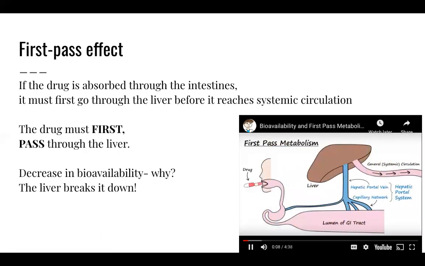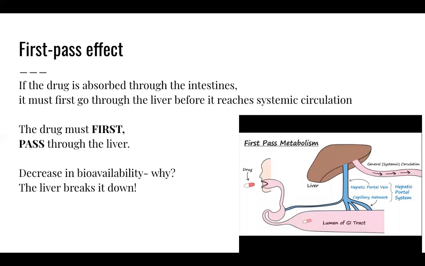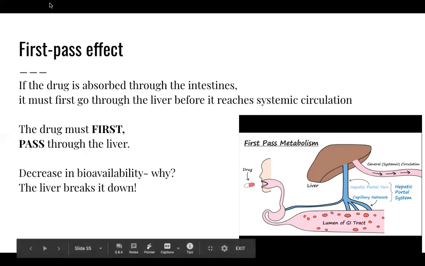For a drug taken orally or by mouth to reach systemic circulation, it first passes from the lumen of the digestive tract into the hepatic portal system. This system consists of capillary networks that surround organs of the digestive tract, such as the stomach and small intestines, as well as the hepatic portal vein, which carries absorbed material to the liver.